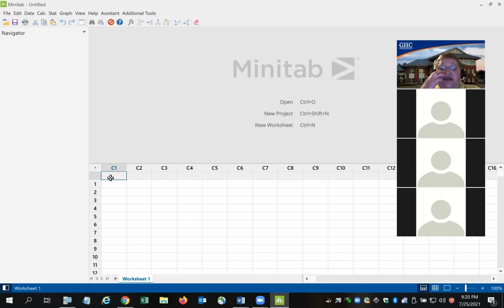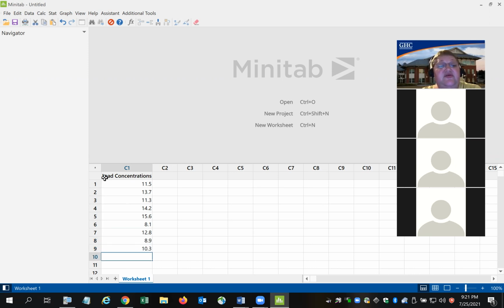So on my clean sheet, I'm going to enter the lead concentrations that I was given: 11.5, 13.7, 11.3, 14.2, 15.6, 8.1, 12.8, 8.9, 10.3, 17.7, 9.3, and 15.8.